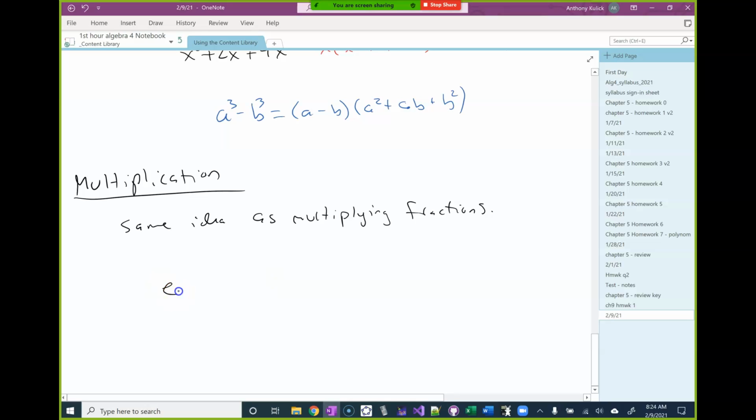Okay, so do you guys remember how to multiply two fractions? Let's say we have something like 2/5 times 15/4. Do you guys remember how we multiply two fractions together?